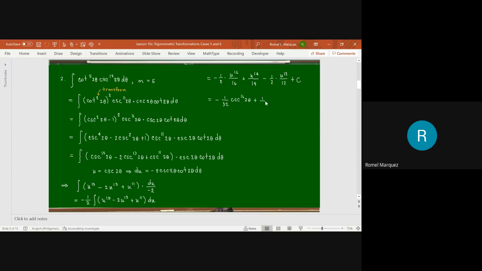Plus 1 over 14 cosecant of 2 theta raised to 14, minus 1 over 24, then cosecant to the 12 of 2 theta, and then of course plus c. Any question with that, guys? Any question with this?